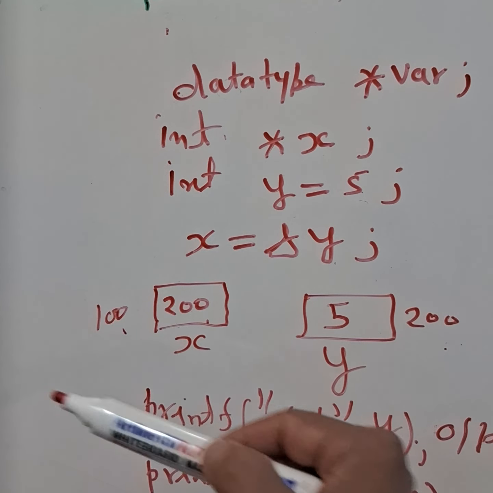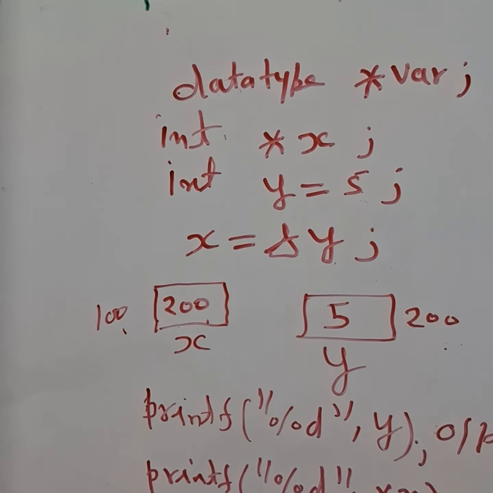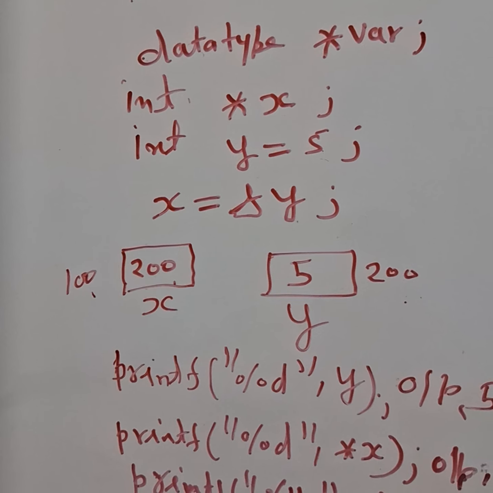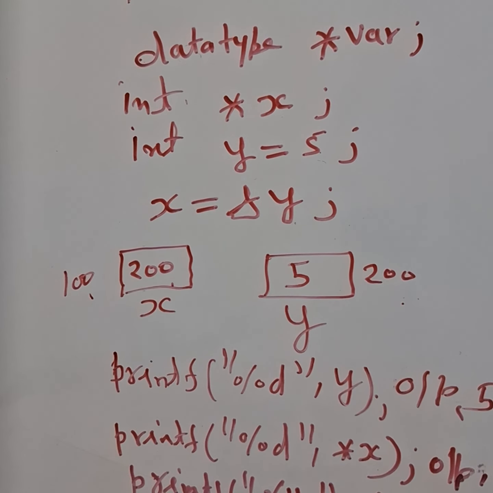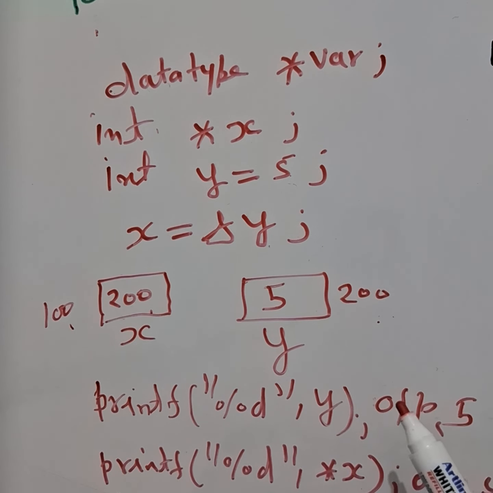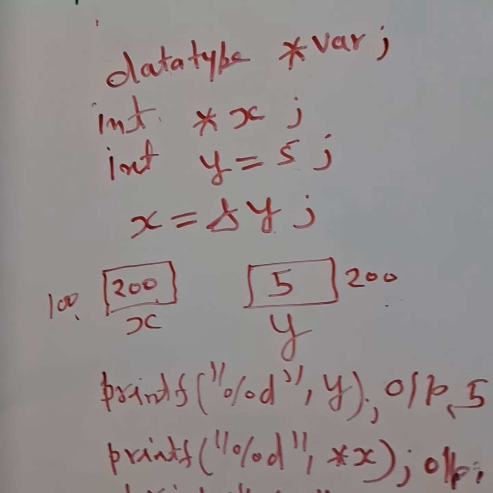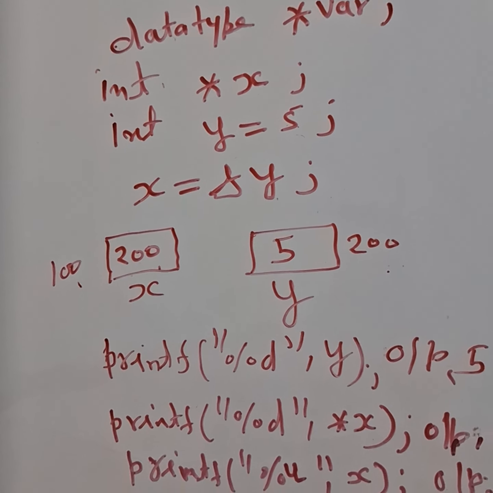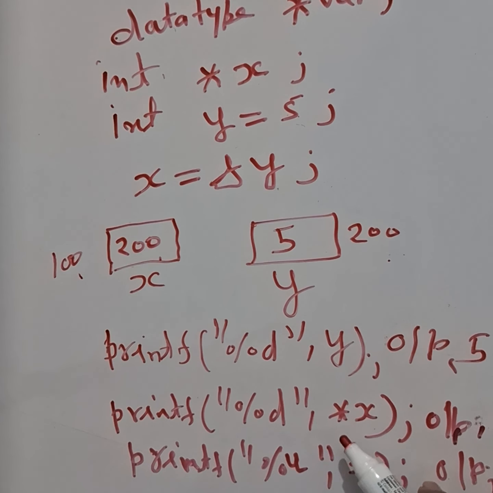Suppose the memory location of x is 100, although we are not going to use that memory location. Let's suppose we are trying to print a few statements in C. Suppose we write printf percentage d y. What will be the output for this statement? It is a normal statement in C, so we will get the output as 5, because the value of y is 5. Now the second statement that we have written is printf percentage d asterisk x.